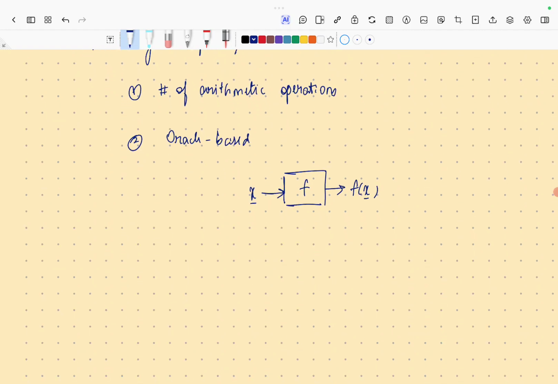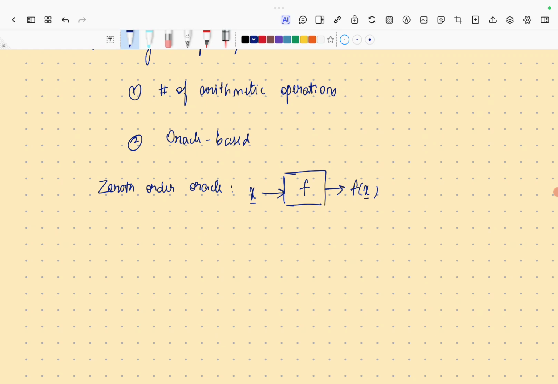So this is what is called a zeroth order oracle, because it tells me the value of the function at any given point.